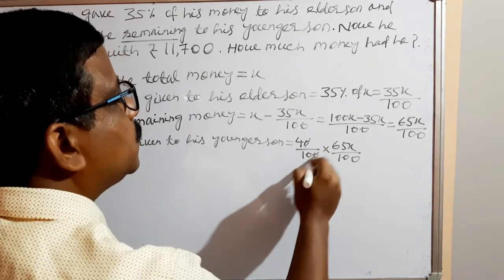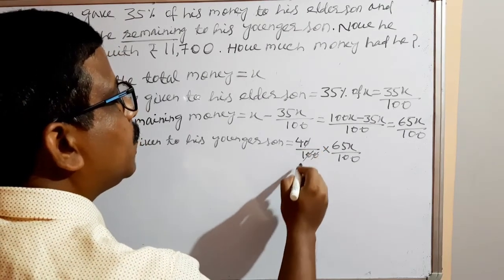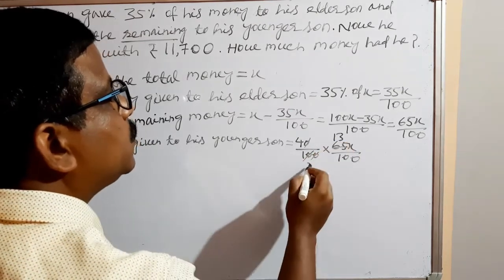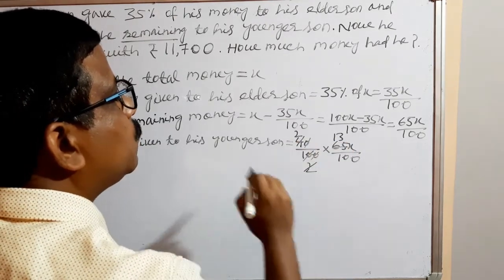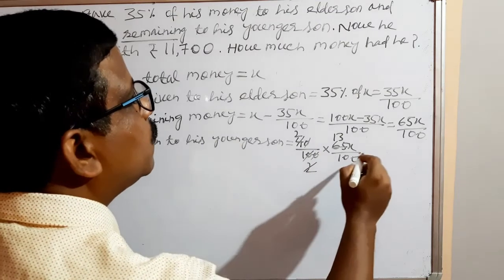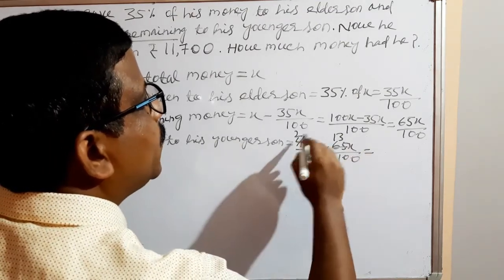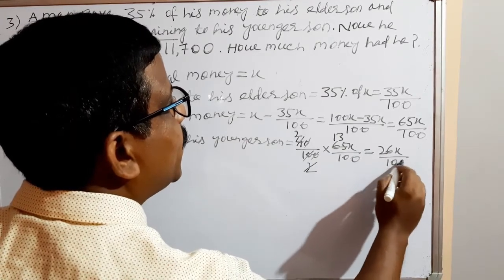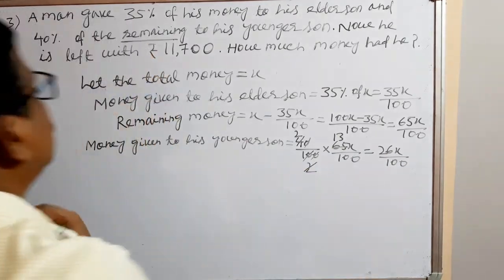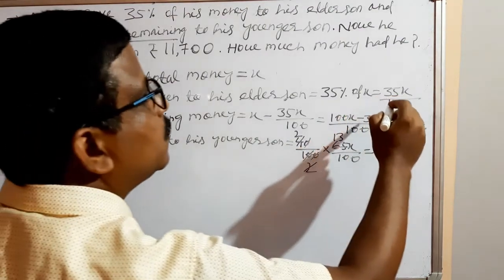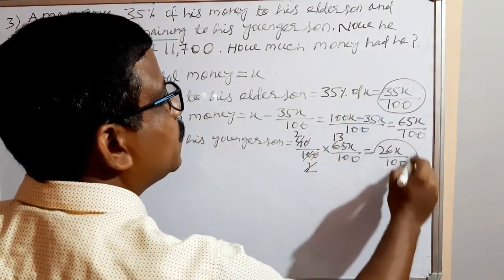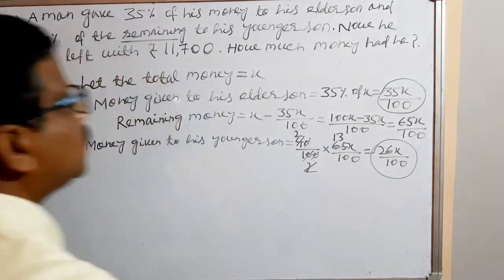So 0 cancels, 5 cancels, this is 2, 13. These 2 cancel, 2 is 4, so 13 into 2, 26x by 100.